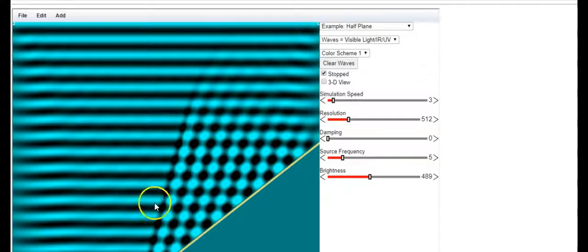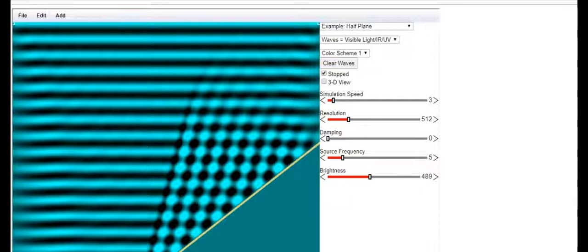So now take a look at these black dots right here. They all make a straight line. These lines here and here and here, those are the new wave crests. So the wave crest came in horizontally this way, hit the barrier, and bounced off. This is reflection.